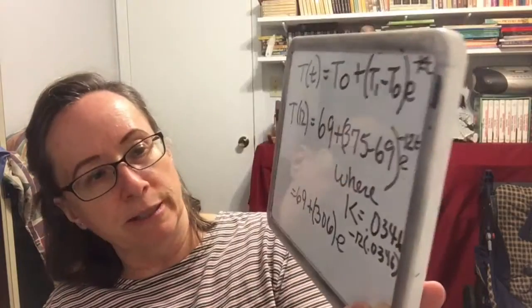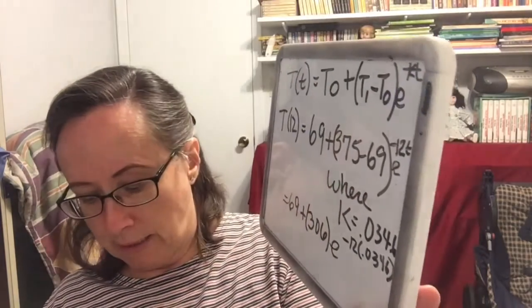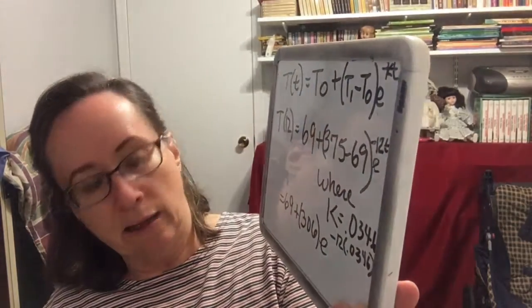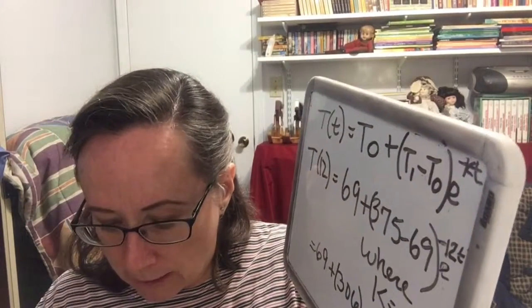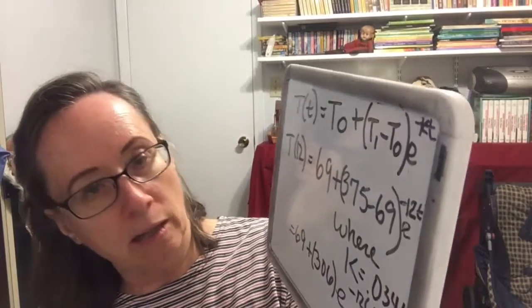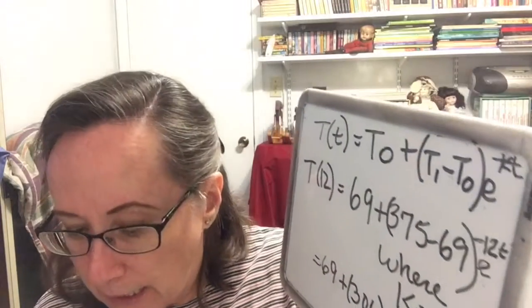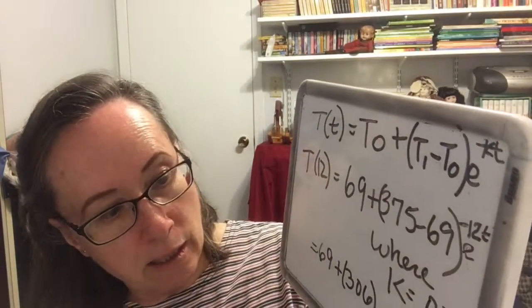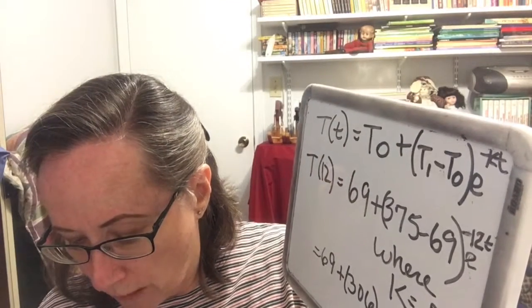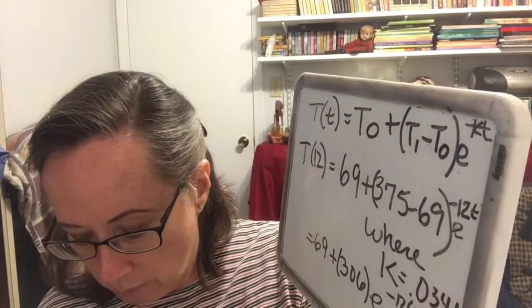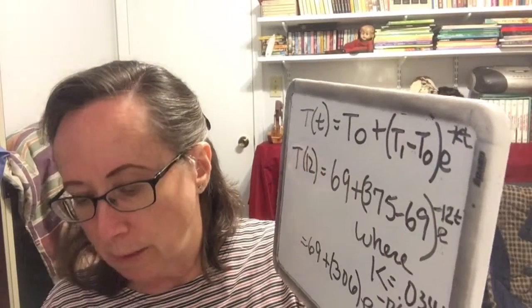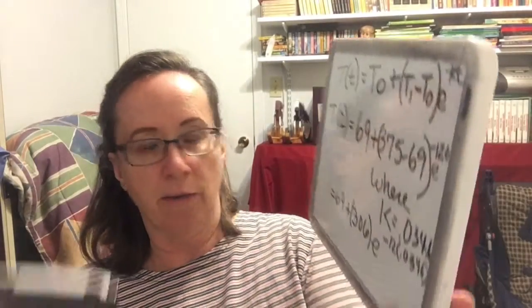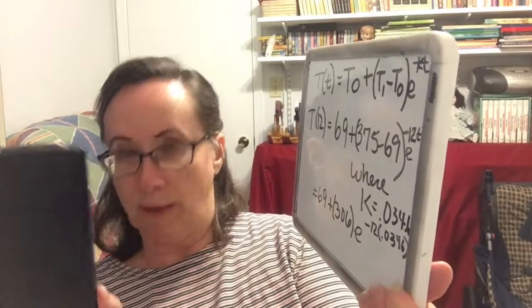So we're going to start doing the calculations. I'm going to do e to the, second natural log. So we're going to do e to the negative 12 times 0.0346, close my parenthesis, enter. Okay, so that looks right to me.